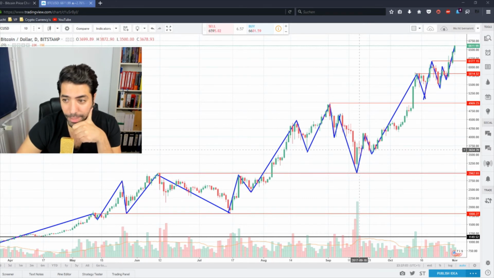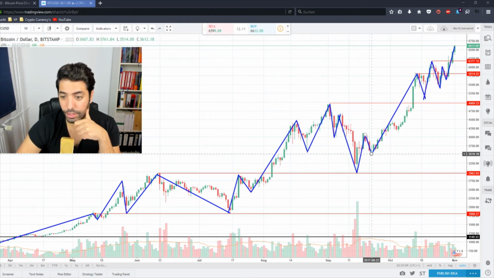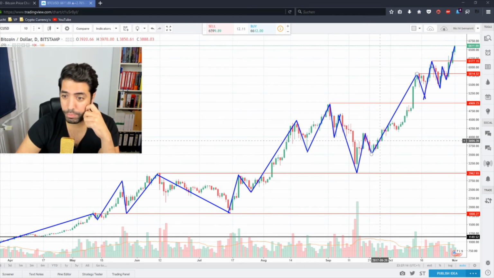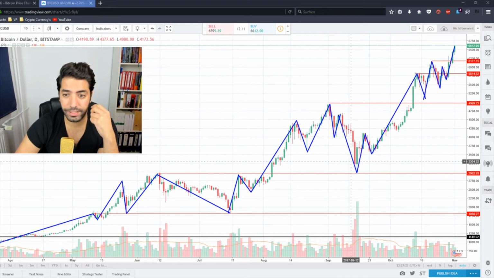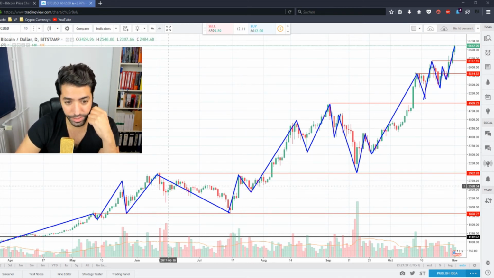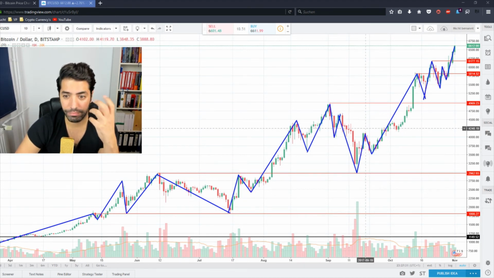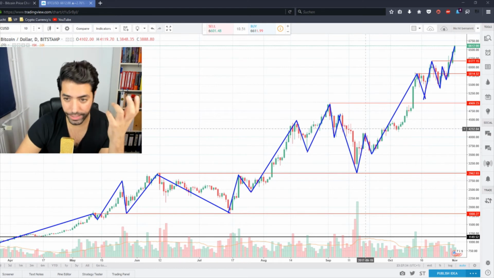From here we bounced back, you see this, to around 4,100, consolidation, higher low, and then we break through the former resistance to a new high. And this is also a great example that trends don't have to look, or will not look, perfect. As we had this consolidation area here, the trend doesn't look great on this daily chart.